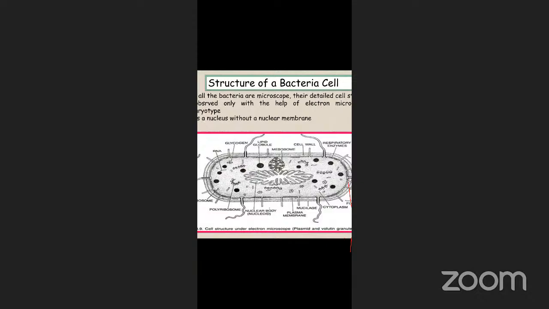This layer is called the slime layer or capsule. It is made up of polysaccharides or polypeptides or both, depending upon the bacteria. Sometimes it is thin, sometimes thick. What is the function of the slime layer? It protects the bacterial cell from desiccation and antibodies.